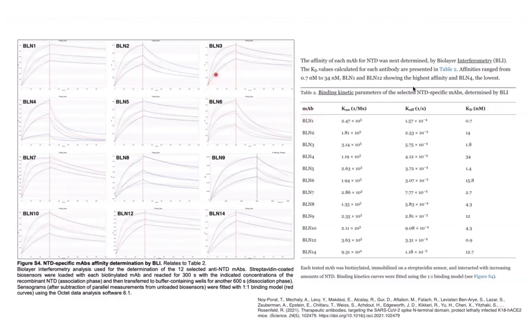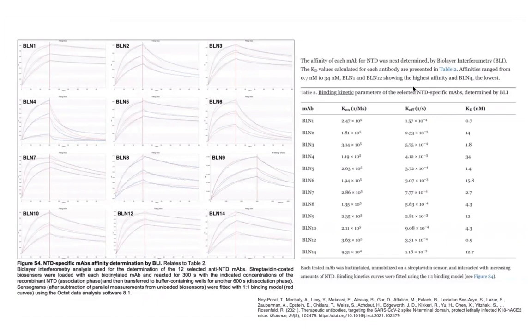They put the sensor into the solution to measure the binding, and then wash it off to measure the dissociation. You can see that some of these have a really fast dissociation. This one has a super duper fast K off. Some of them, however, have a slower dissociation, so these are going to stick around longer. The K-ons can also vary a bit, but they tend to be more similar.